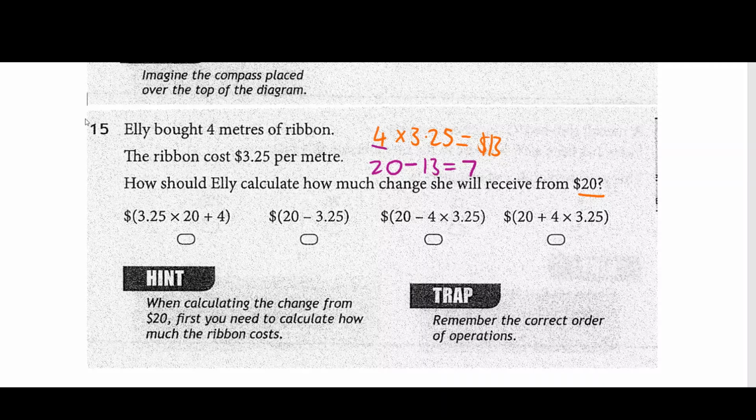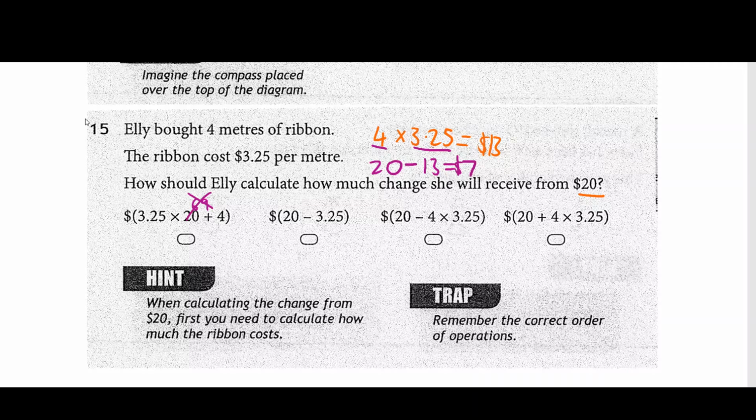And what you can do is type these answers straight into your calculator to figure out which one is $7. So 3.25 times 20 plus 4 is, nope, that's wrong. That's 69. 20 take 3.25, nope, that's 16.75.